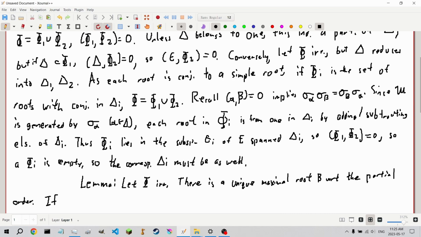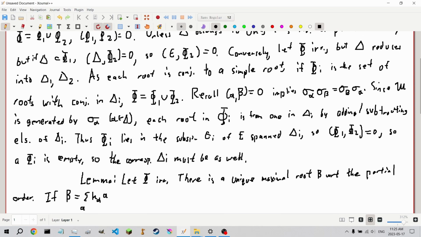If we write beta as the sum of k alpha alpha for alpha in our base, then all of our coefficients k alpha must be strictly positive.